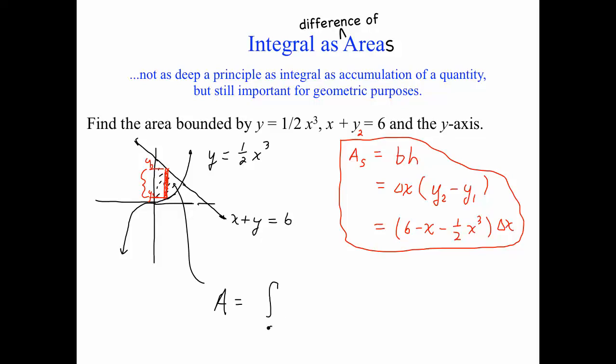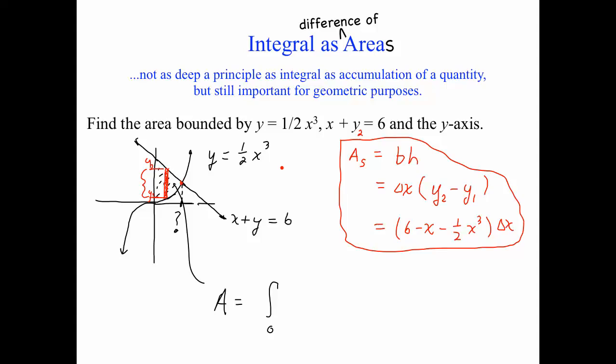So the first one is at x equals 0. And the last one is all the way over here at something we have to find. The very last strip becomes like a point where it gets crunched between our two curves, right? That's the very last little strip.